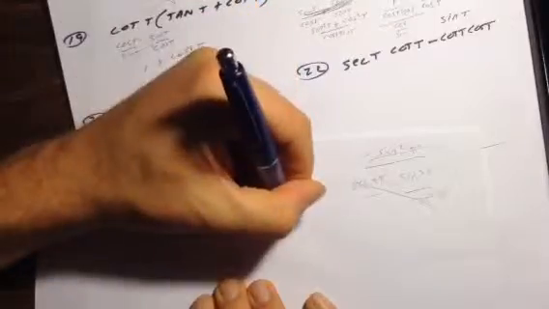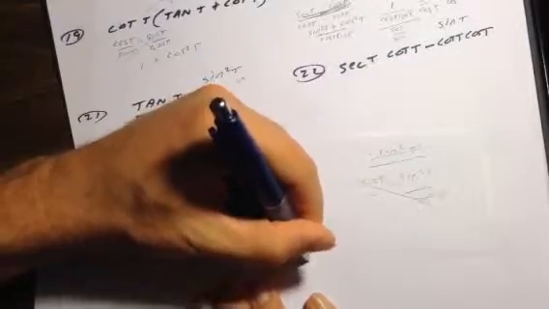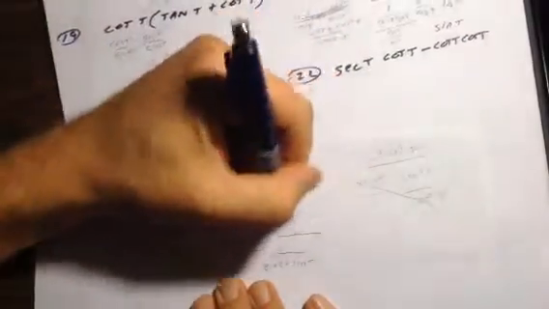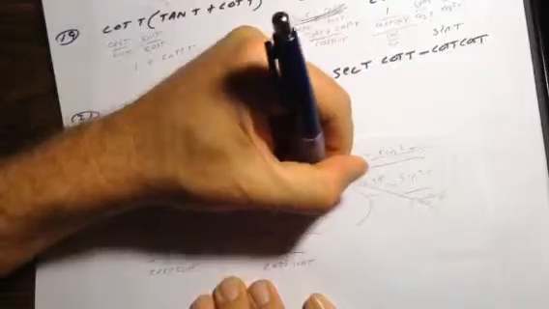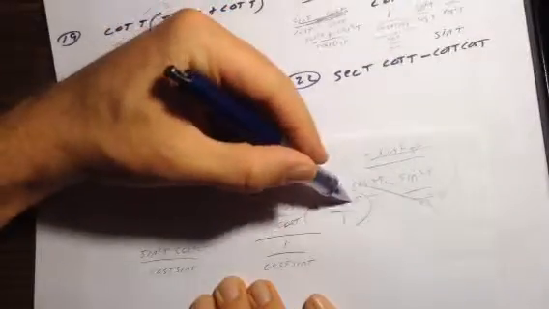So now I have sine of t over cosine of t, all over 1 over cosine t sine t. Take the reciprocal, so now I'm multiplying by cosine t sine t over 1, and I get sine squared t. There's the answer we're looking for.